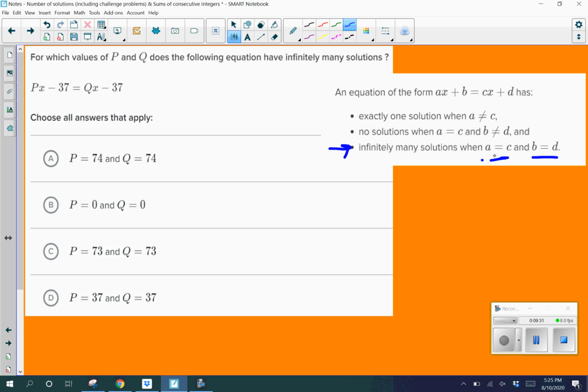So now we're just looking for answer choices where your A and C are equal, or your capital P and your capital Q are the same number, which would be that one. B also would work. C also works. And D also works. And notice it does say choose all that applies. So in this case, each one of these answer choices would actually give you infinitely many solutions.